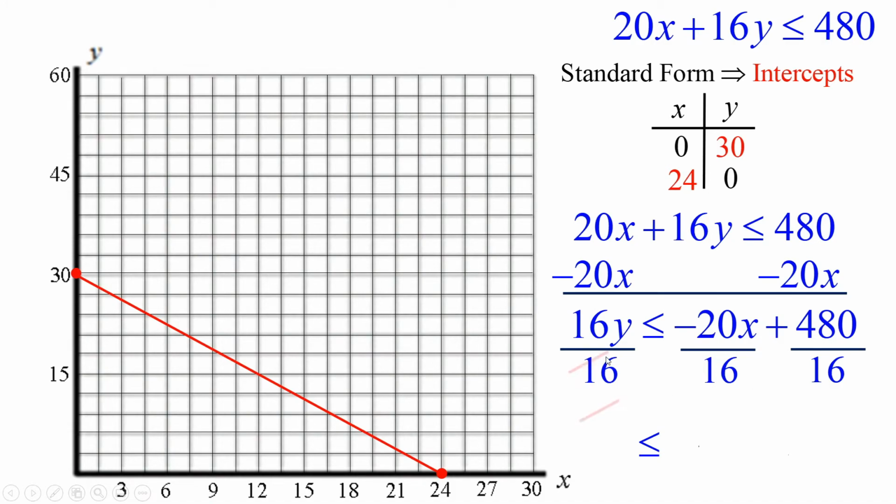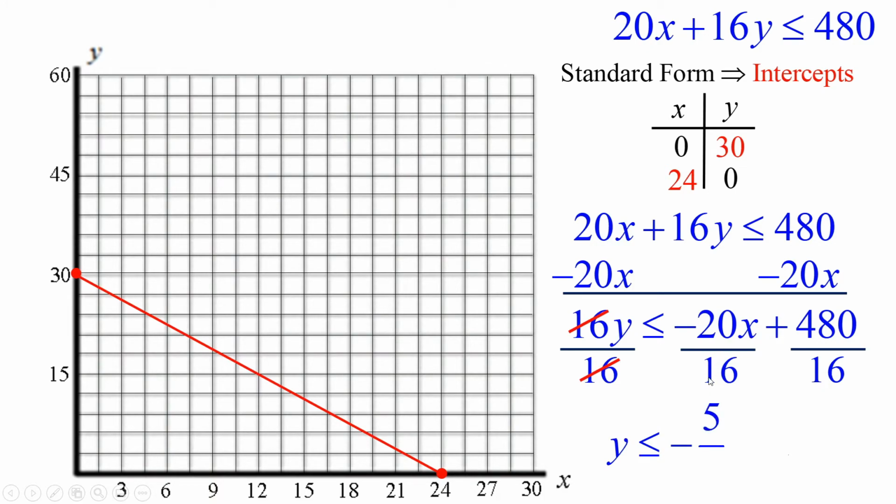On the left, my factors of 16 cancel, leaving y is less than or equal to. And a negative over a positive is negative. Now let's reduce the fraction 20 over 16. What number goes into both 20 and 16? How about 4? Doesn't 4 go into 20 5 times?